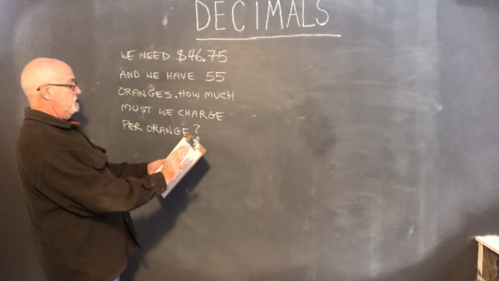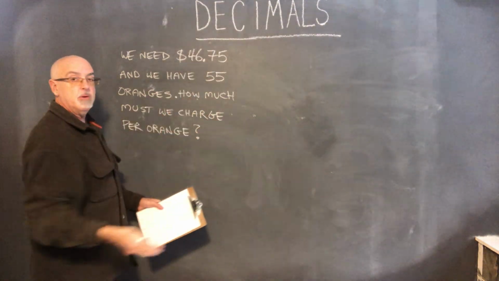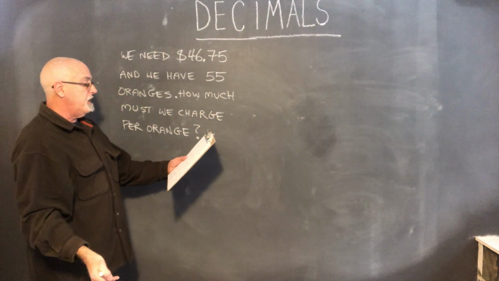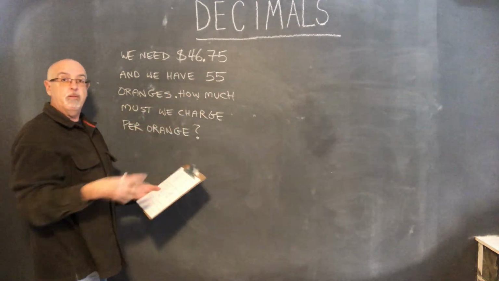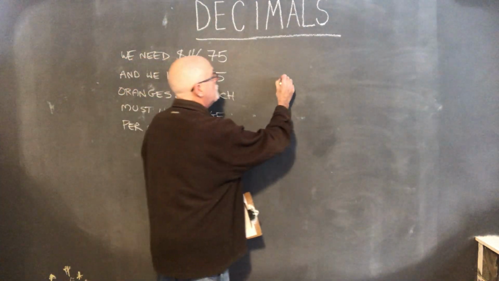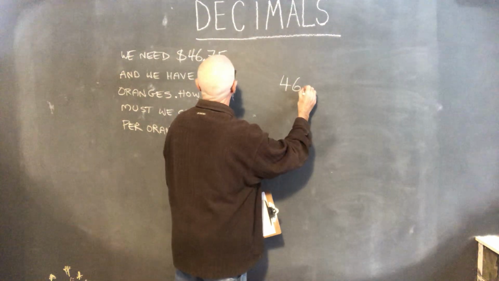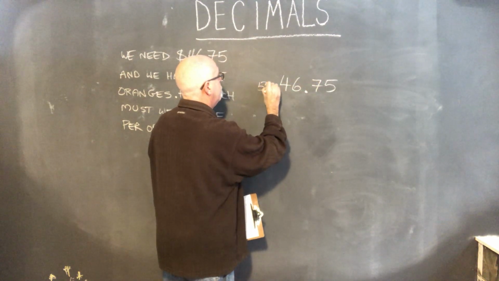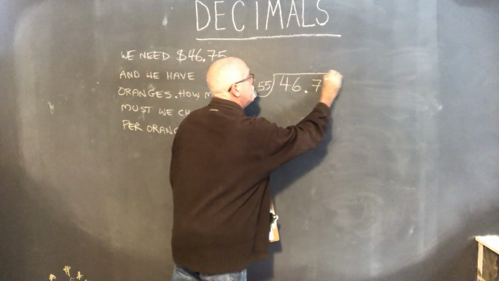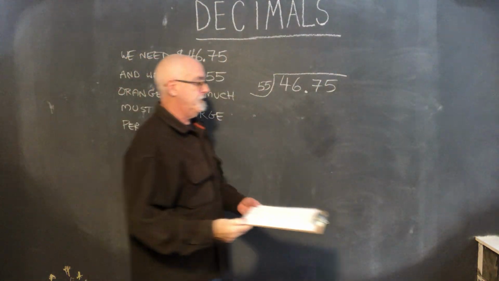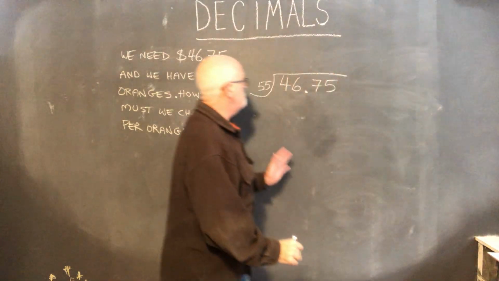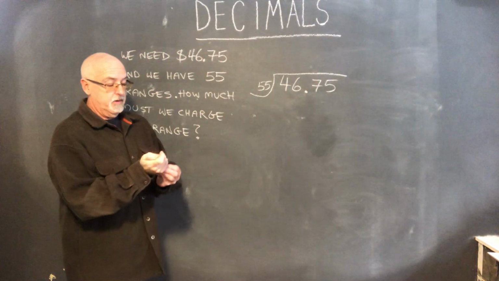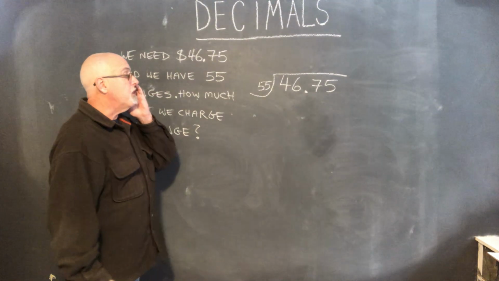So right now, what we're doing is we're taking 46.75 and we're dividing it by 55. And the 55 doesn't have a decimal in it. So that is fairly straightforward. 46.75 divided by 55. I don't have to jump the decimal in this one. Put that down. And I'm going to go over all the steps, of course, and not try to go too quickly.